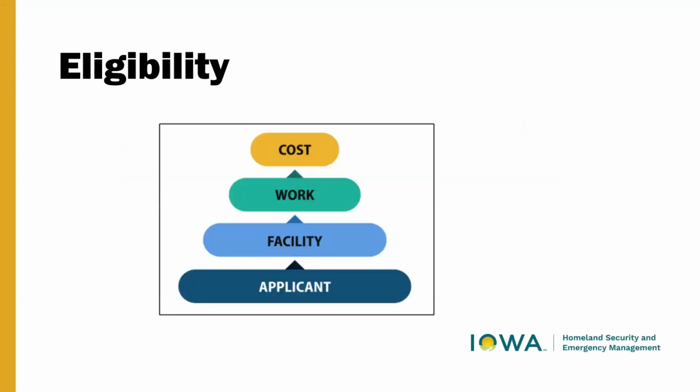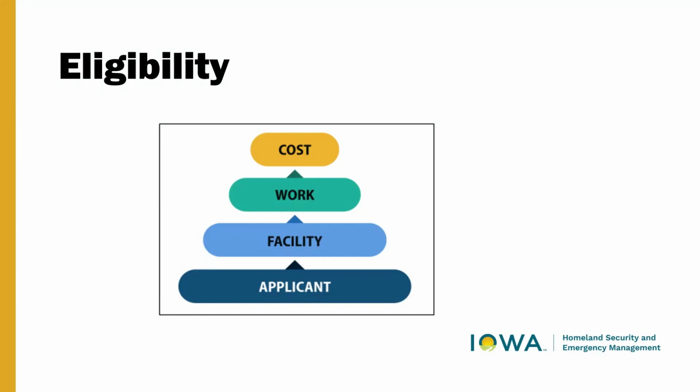There are 4 basic components of public assistance eligibility, and those are: being an eligible applicant, an eligible facility, eligible work, and eligible costs. An applicant must be a state, territory, tribe, local government, or private nonprofit organization. A facility is a building, system, equipment, built or manufactured, or an improved and maintained natural feature.